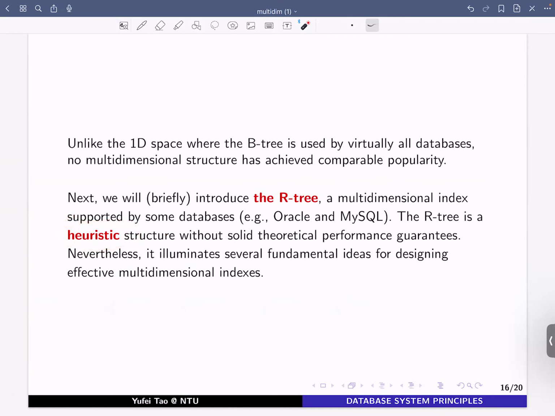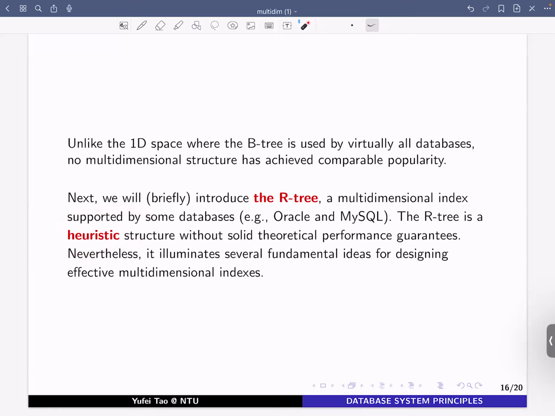I will have to use linear space, and other than that, I will not care about other theoretical guarantees. But I'll try to do my best to come up with a data structure that is reasonably good, even though I cannot prove any bounds on it. Okay, so that's what heuristic means.